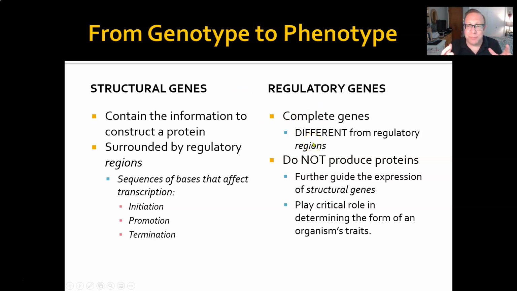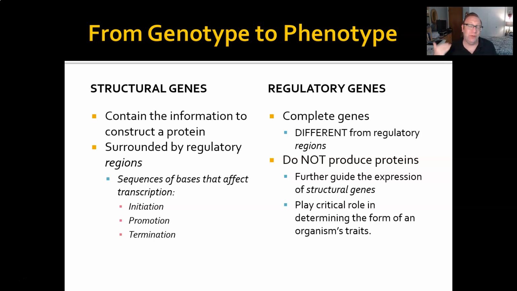I say they do not produce proteins. What I mean is they don't produce proteins in the same way, where they're producing the protein just to send it out there to do other things. They are specifically producing these chemicals that then go straight to binding sites.